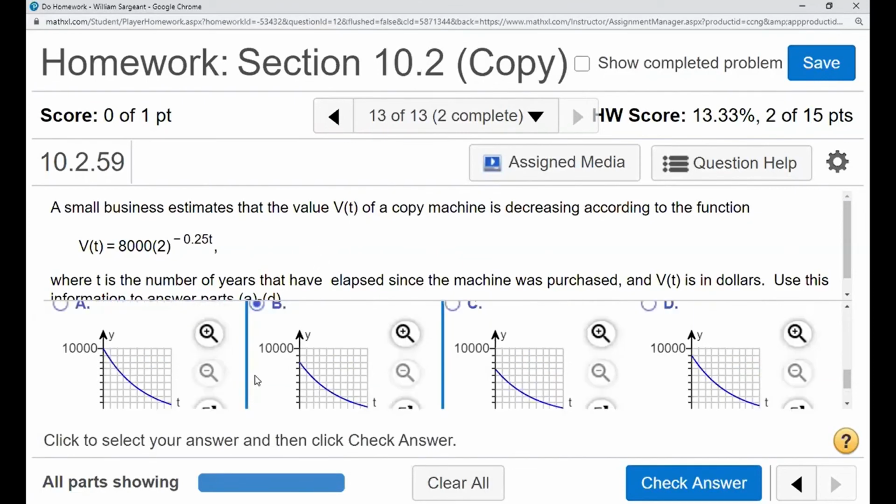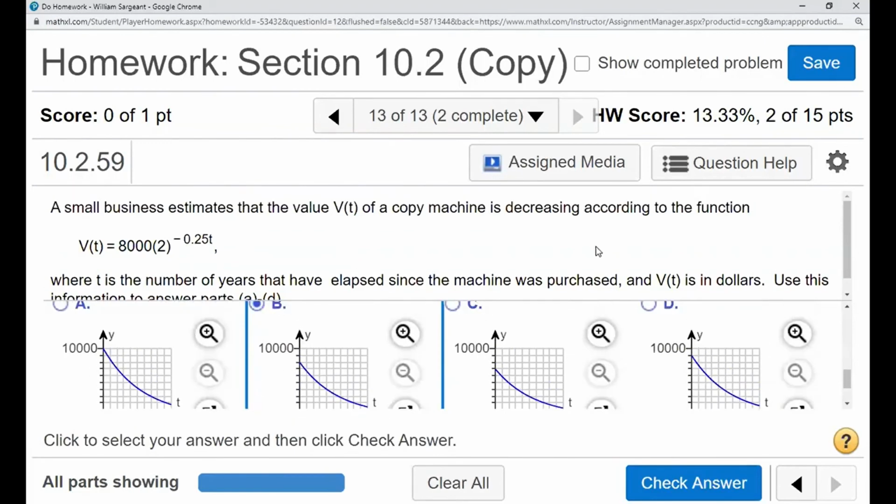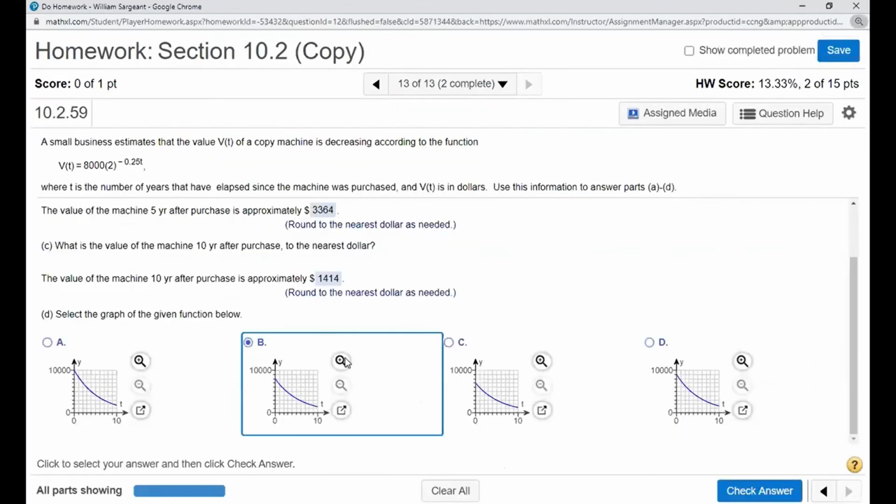That seems to me to be closer to the 1414 that we found in the previous part of the question. So I'm going to choose B.